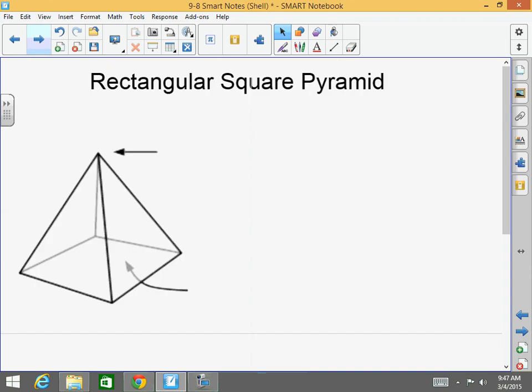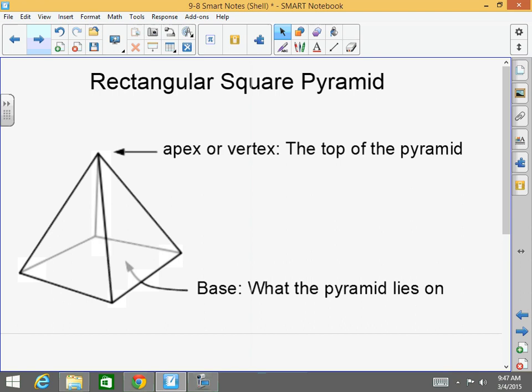Okay? A rectangular square pyramid. A pyramid, my friends, is different than a prism. A pyramid, as you can see, rests on one base, and all of the other sides or faces are the same shape.